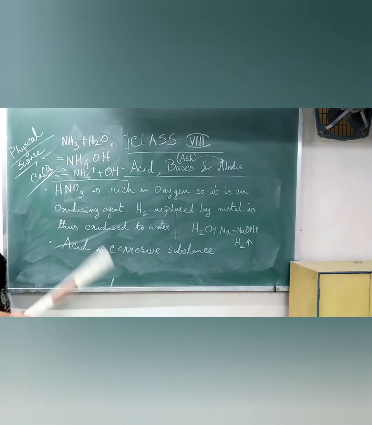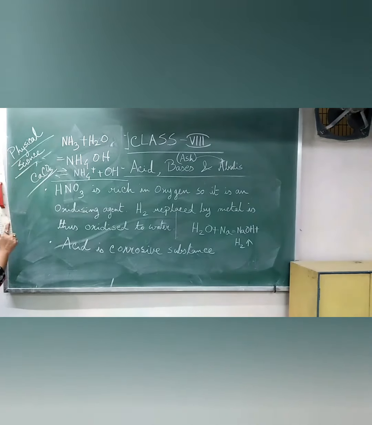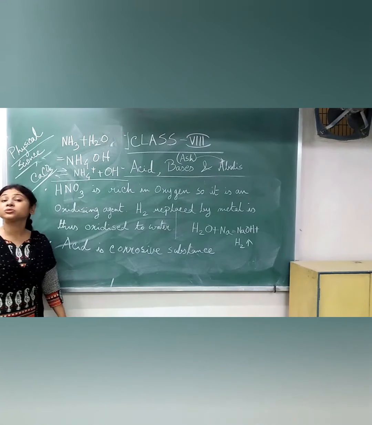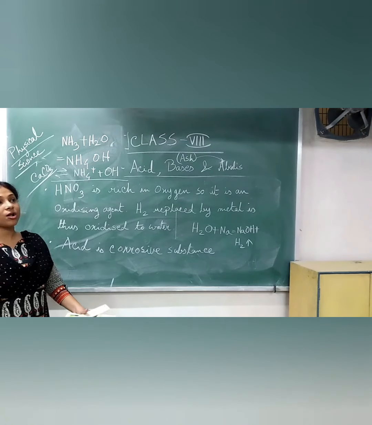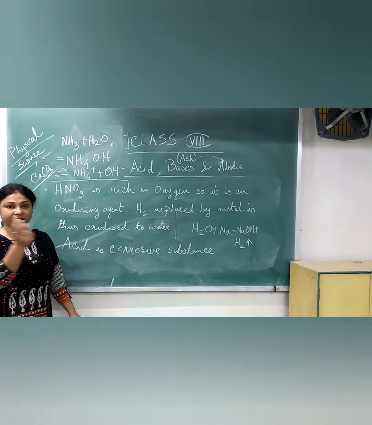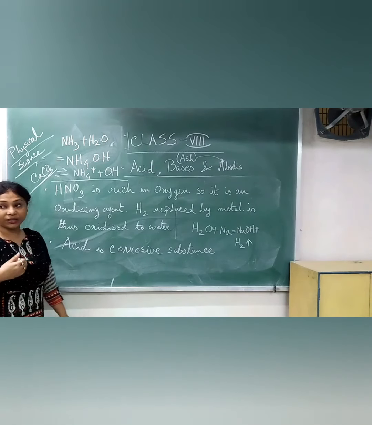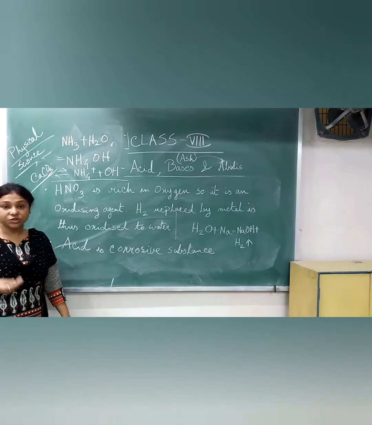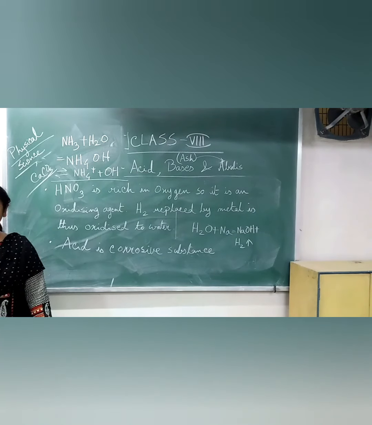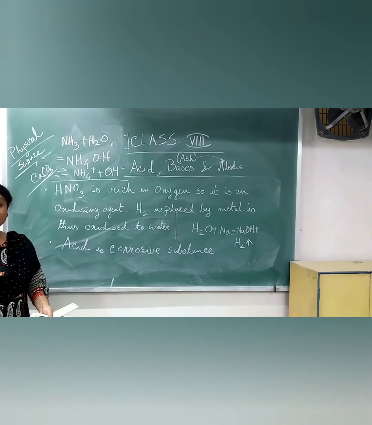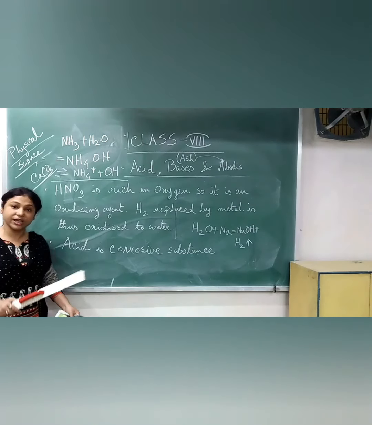This acid H2CO3 reacts with calcium carbonate and forms salt. That salt is precipitated on that particular marble. So that's why the marble stone, Taj Mahal, is becoming yellowish in color.